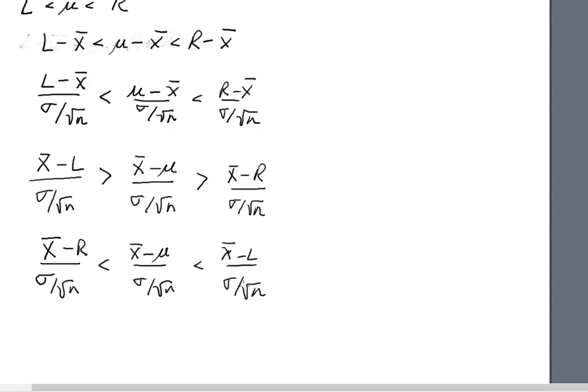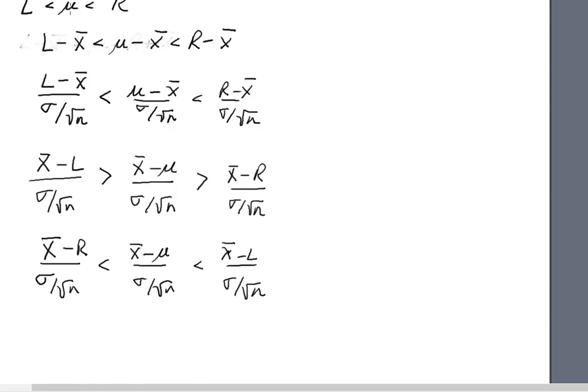Wow, we've done a lot in a short period of time here, but you see what we've got is equivalent to what we started with clear up here. We've done algebraic maneuvers. They're all correct algebraic maneuvers, and so we wanted L and R to be selected so that the probability of mu being between these two was 1 minus alpha.